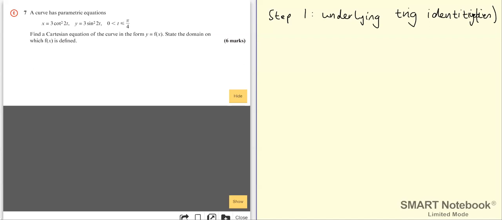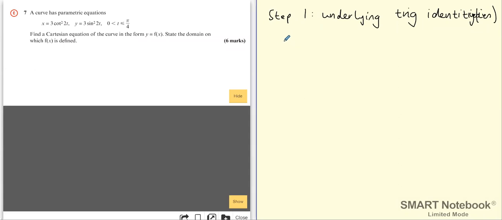Well, let me know if you get stuck on this as well. I said leave the cot as it is. I've got a cot squared.